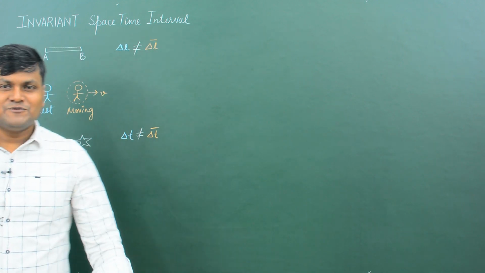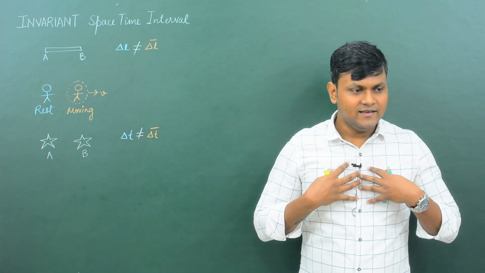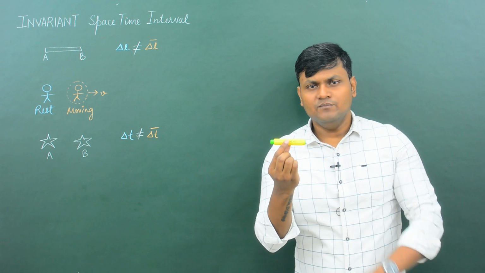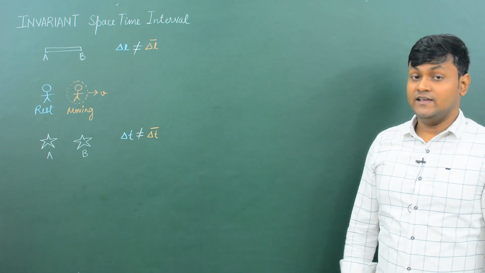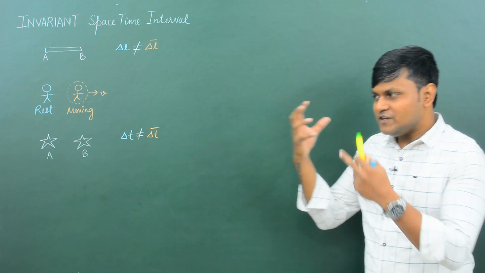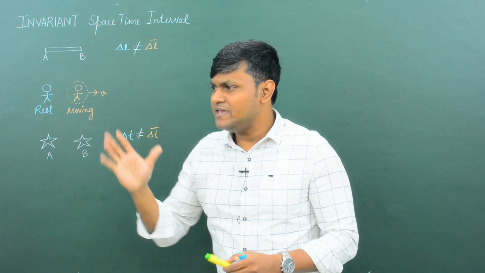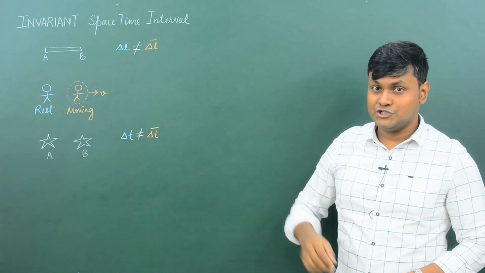So isn't this some sort of a tragedy? Because we live in a world in which we have a feeling that the distance between two points as measured by me and somebody in motion must be the same, but that is gone, poof, vanished in thin air. We live with a certain commonsensical idea that the rate at which time flows must be the same for me as for another observer, but no, that's also gone, poof, vanished.